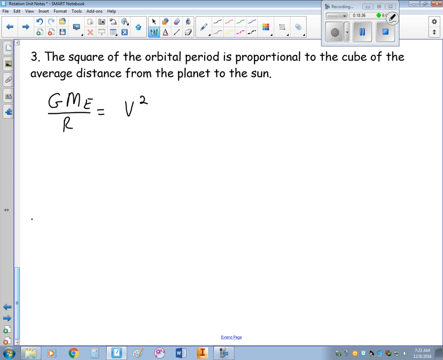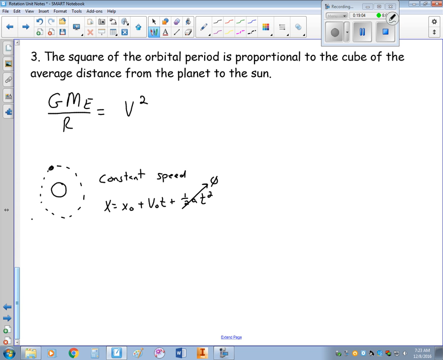Okay, now, as a planet goes around its star, or as the moon goes around the Earth or whatever, it travels at a constant speed. So when I do my kinematics, the acceleration is 0, it's gone.